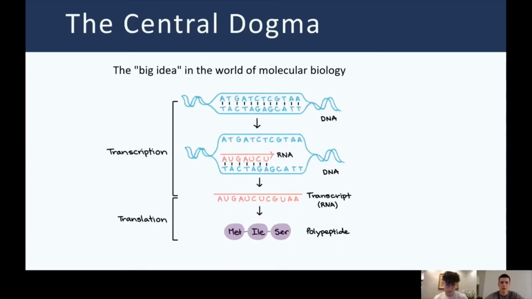And so the next thing we're going to talk about is the central dogma, which is, quote unquote, the big idea in the world of molecular biology. What it describes is how the information that produces our proteins that are in different cells that do different things is all encoded or stored in DNA, which is shown here at the top.